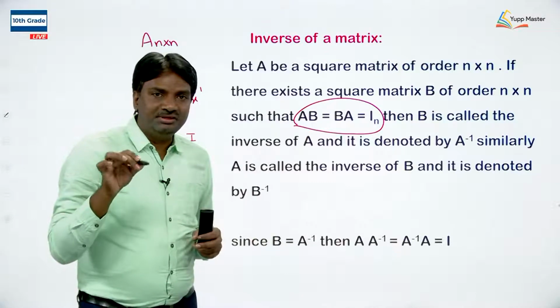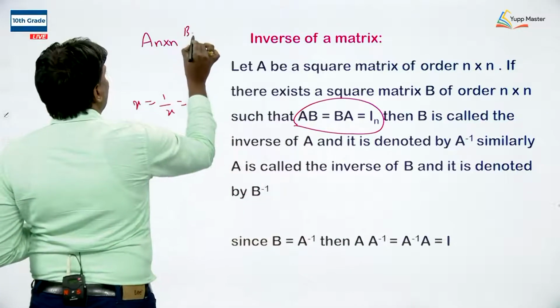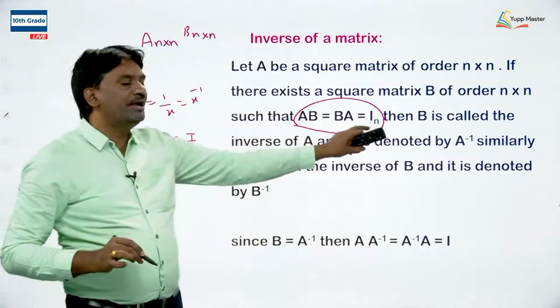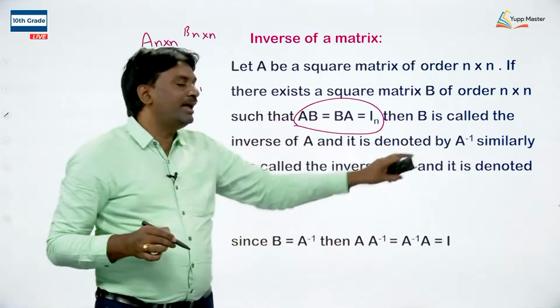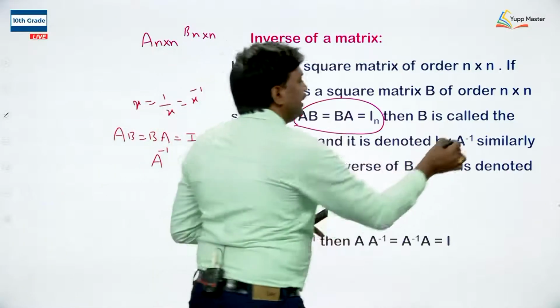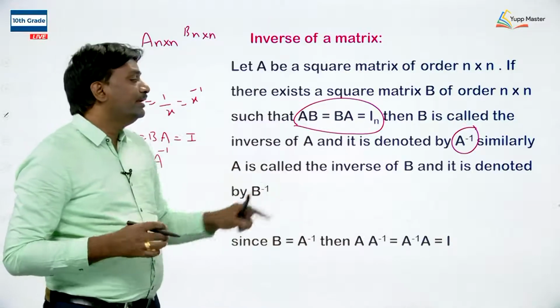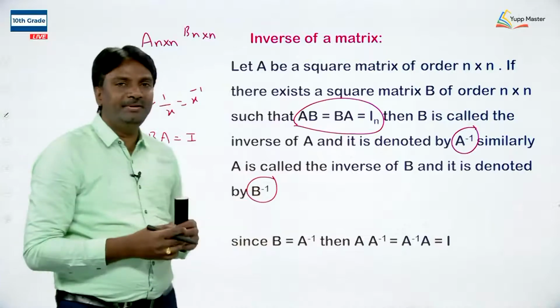If there exists another square matrix B of order n by n such that AB equal to BA equal to I or IN, then B is called the inverse of A and it is denoted by A inverse. Similarly, A is called the inverse of B and it is denoted by B inverse.